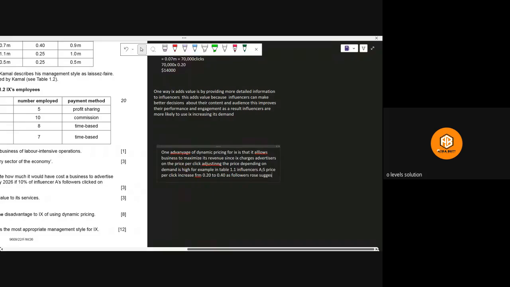So suggesting higher demand. This means that IX can earn more revenue from the popular influencers and improve profitability.